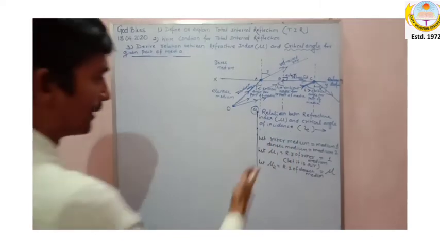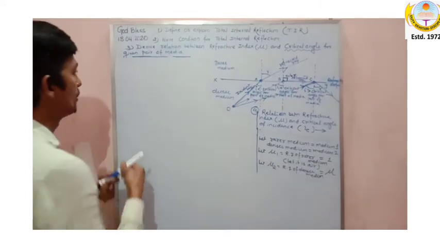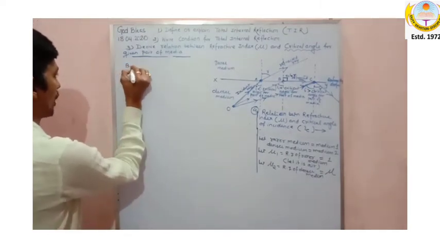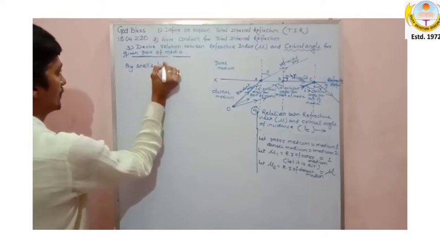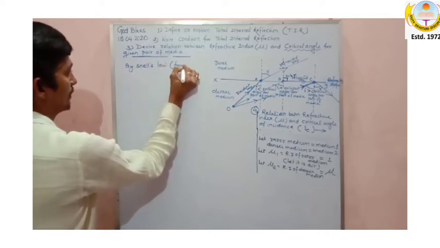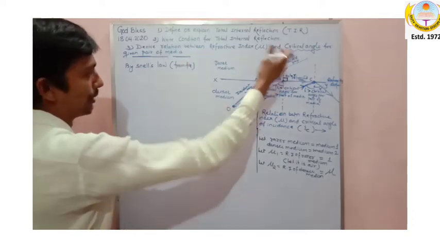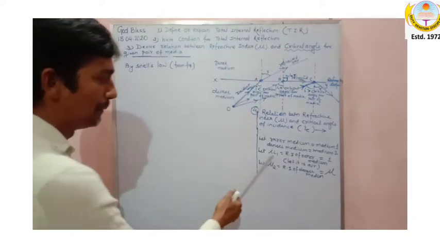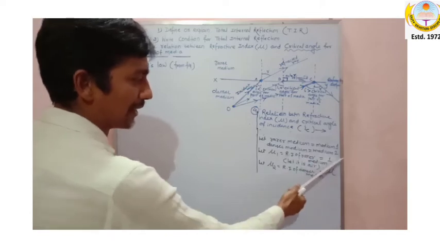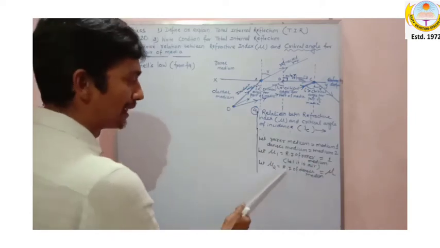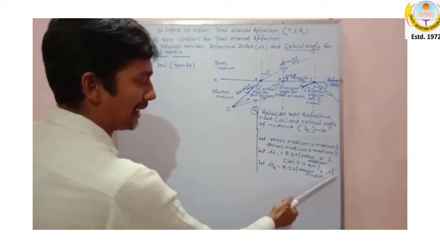Now let's begin the proof by using Snell's law. By Snell's law from figure, and this is the figure I have already drawn. I have taken mu1 as the RI of rarer medium, say air, so it is 1. And let mu2 be the RI of denser medium and it is mu.